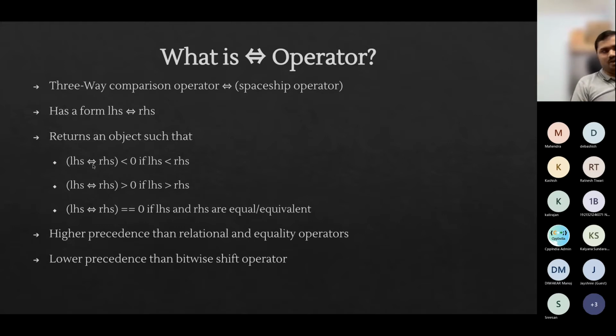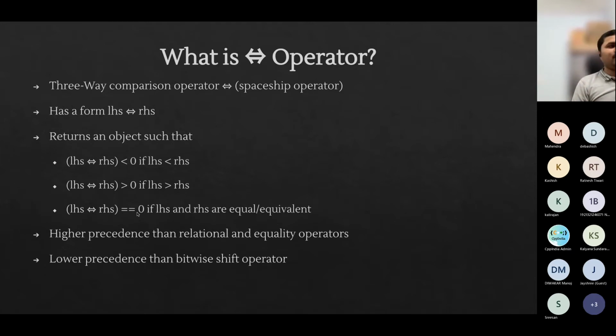It can return any object such that the comparison with 0 is a valid operation. If it is greater, then the returned value is comparable to 0 and is greater than 0. And for the equal or equivalent case, it will be equal to 0. So what is the difference between equal and equivalent?